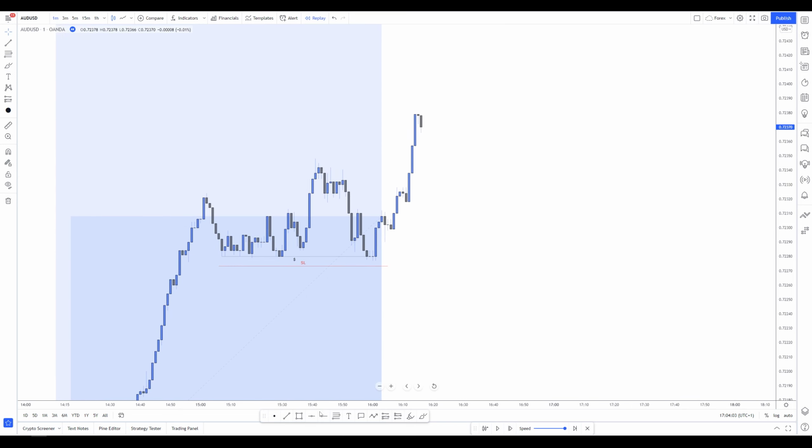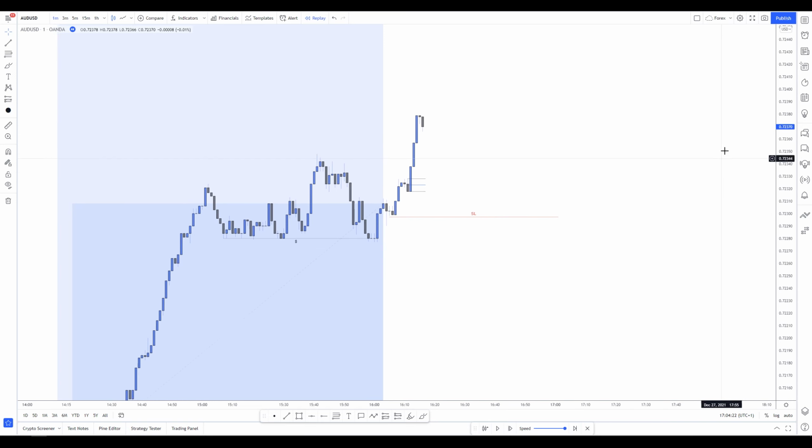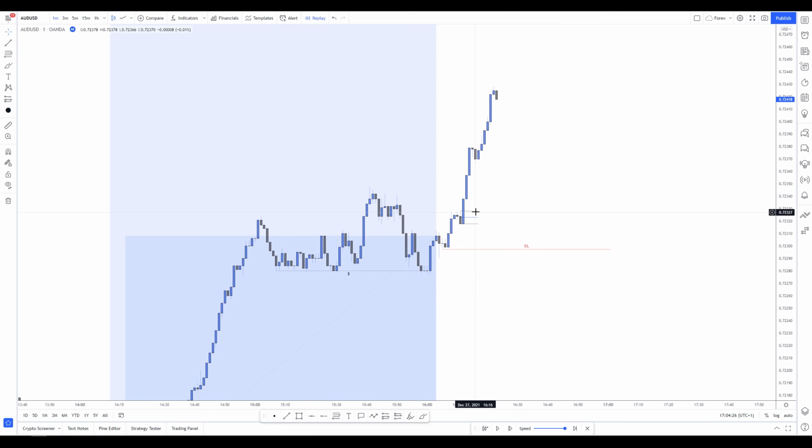After we saw this break in structure, I moved my stop loss just below these lows right here, and we could take another trade from this point right there, like this. But I didn't take the trade right there because we made the break of another structure point.